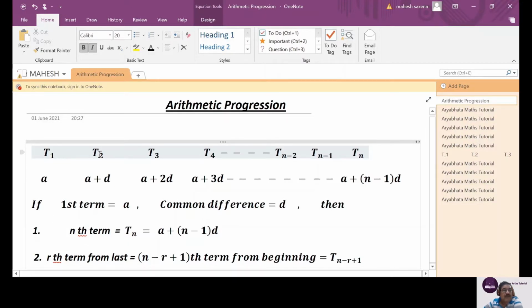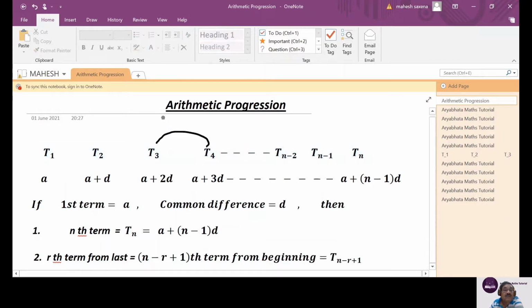Suppose T1, T2, T3, T4 are the terms of the series such that T1 is equal to a, T2 is equal to a plus d, T3 is equal to a plus 2d, T4 is equal to a plus 3d, and so on. In this case, we see that T4 minus T3 is d.